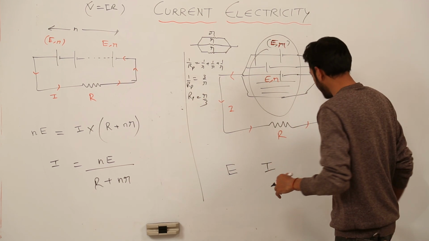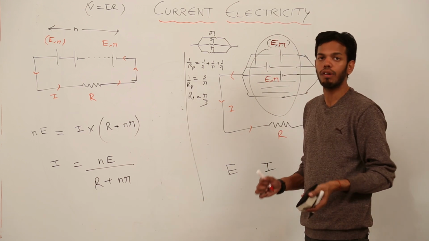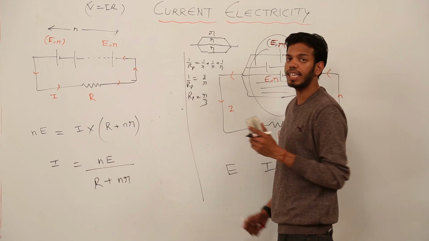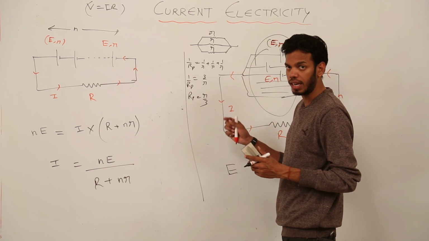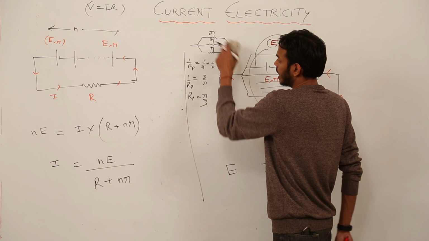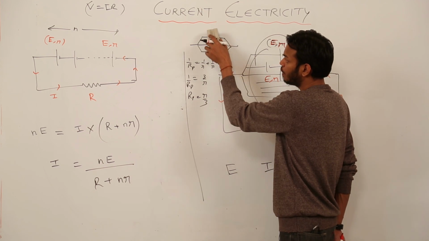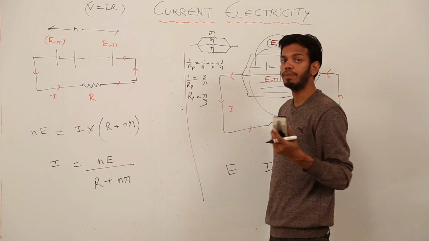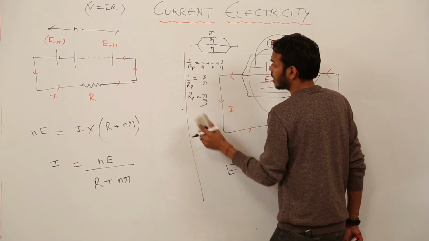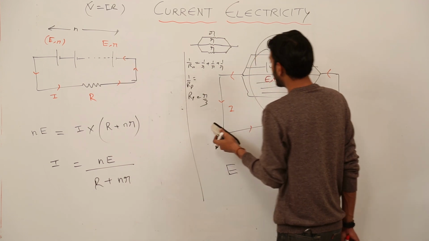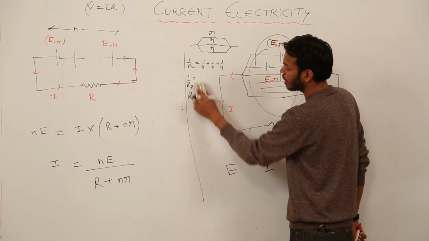A basic way of finding resistors in parallel is this: take the value of one resistor and divide it by the number of resistors connected in parallel. But you do this method only when they are equal in value. So right now there were 3, so my answer was r upon 3.